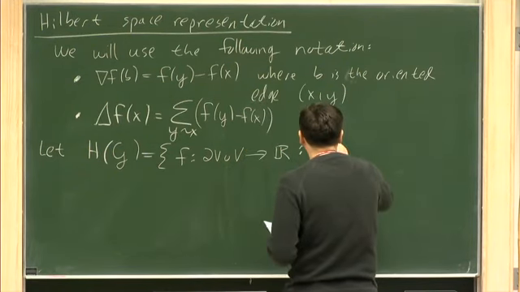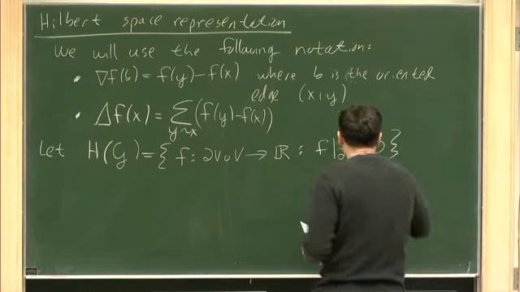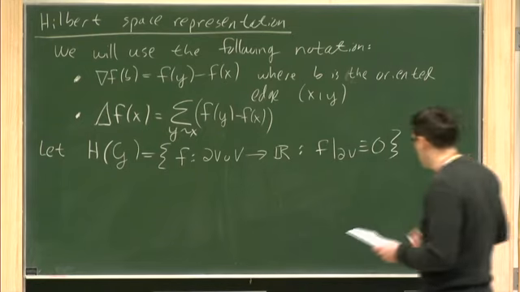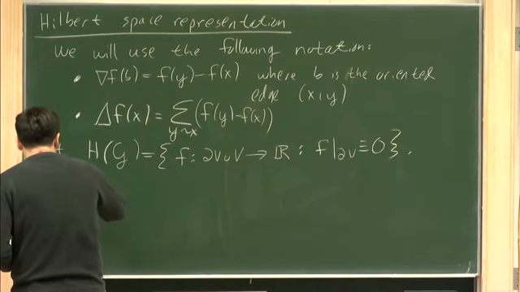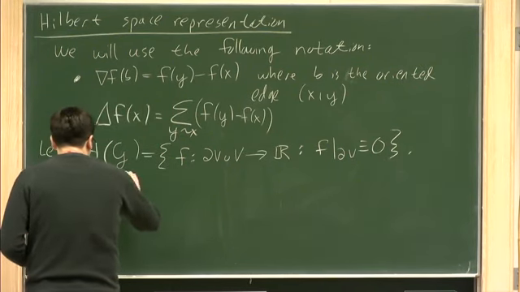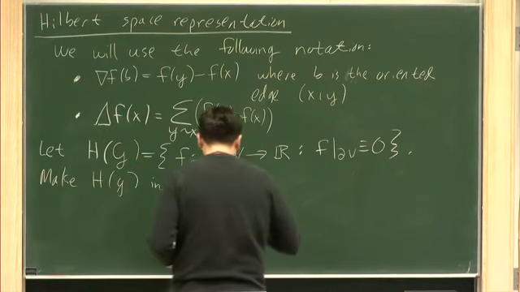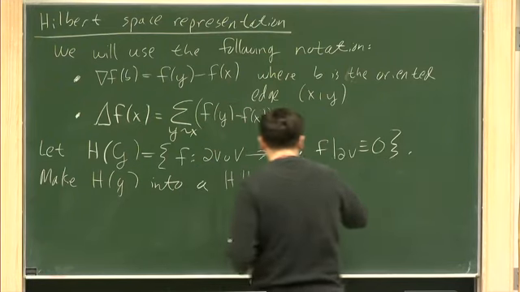And I'm going to constrain my functions so that on the boundary set of vertices, they always take on the value 0. And I'm going to make this into a Hilbert space by equipping it with an inner product.